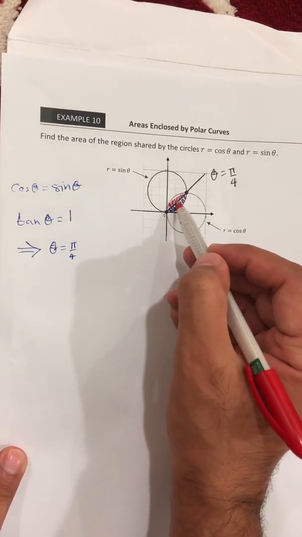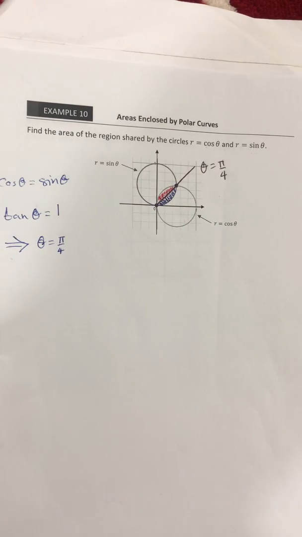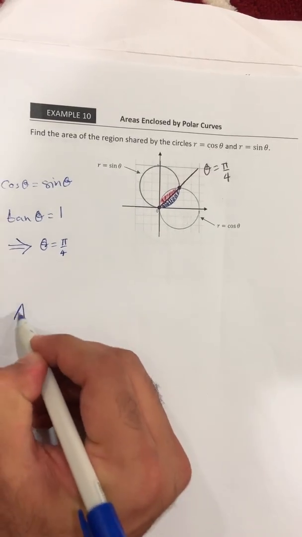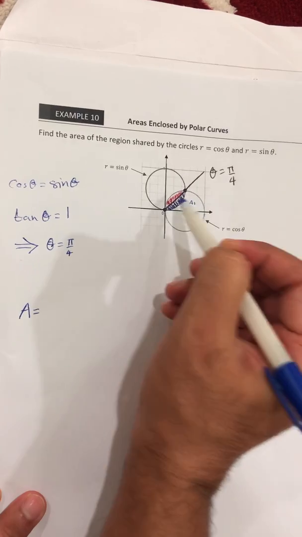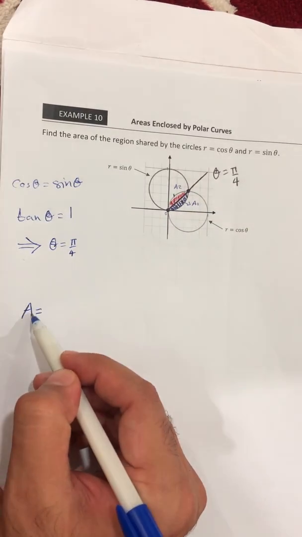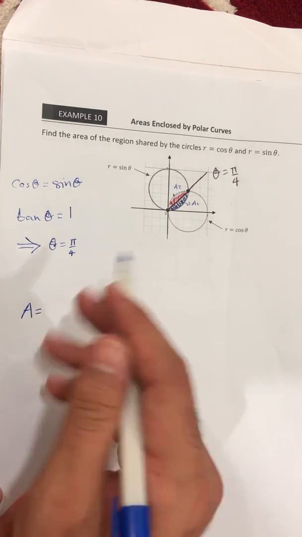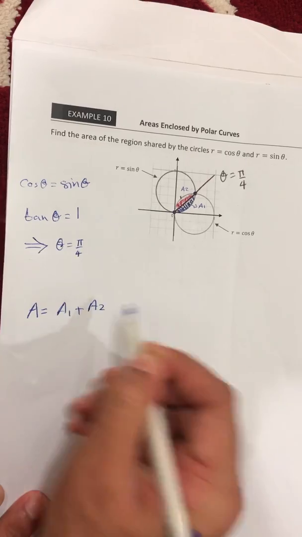If we add them, then we get the area common between those two circles. So if I call the blue one A1 and the red one A2, then the whole shaded area, common between the two circles, equals A1 plus A2.